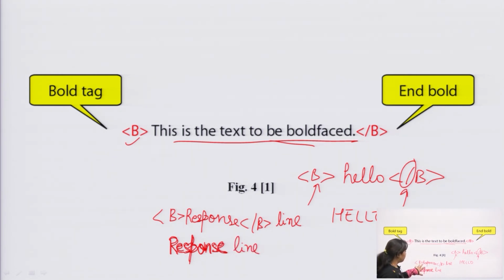So, this is how whatever data you are going to insert inside these boxes, like B, then this is known as the end of this bold point, then you have to write this response and line. If you want to change the color of this one, like from red to blue, then normally it is black. If you want to change the color, then you have to write the color also.